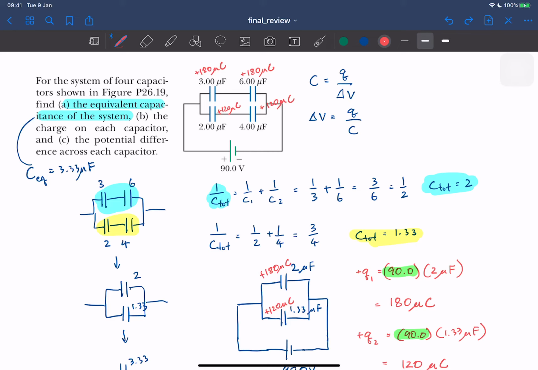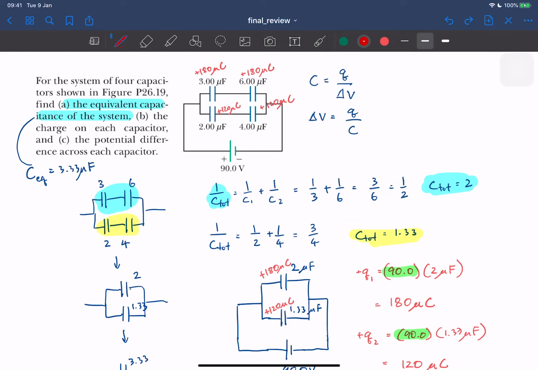And the last question was the potential difference on each capacitor. Well, for the potential difference on each capacitor, you just calculate V equal to Q over C for each capacitor. For example, this one here, the charge is 180 microcoulomb. The capacitance is 3 microfarad.